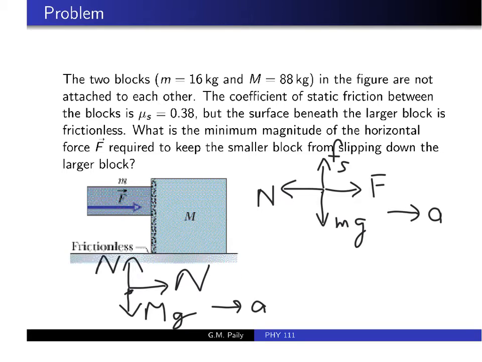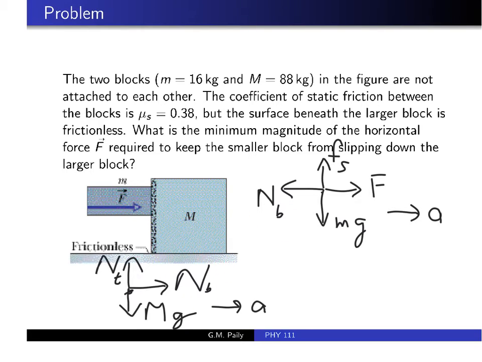Also, to keep as a useful reminder, remember that we are trying to have these two blocks move together, so their accelerations must be the same. To avoid confusion, let me label this normal force as NT for table on the block, and these normal forces as NB since they're between the blocks.